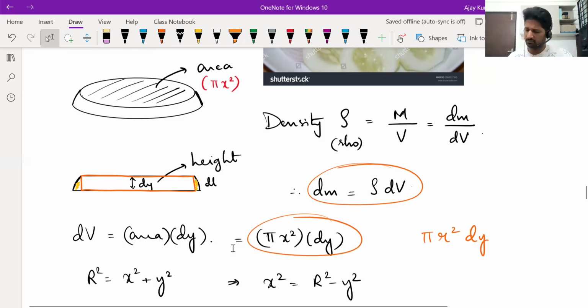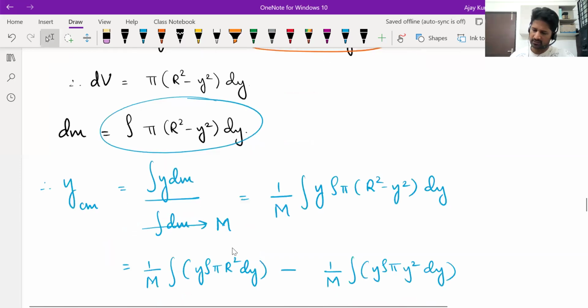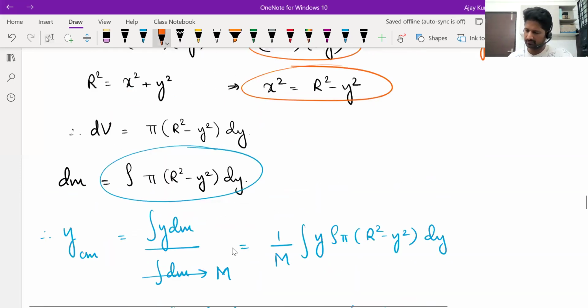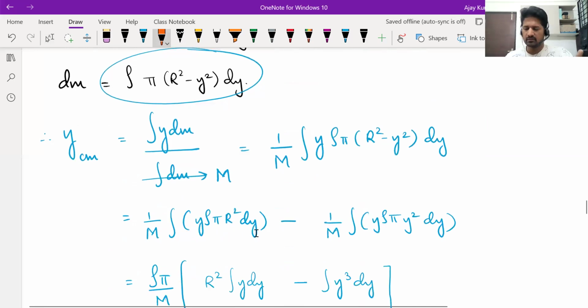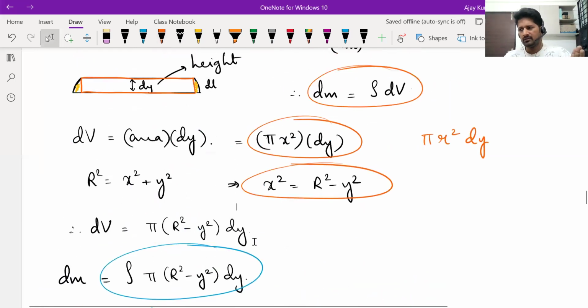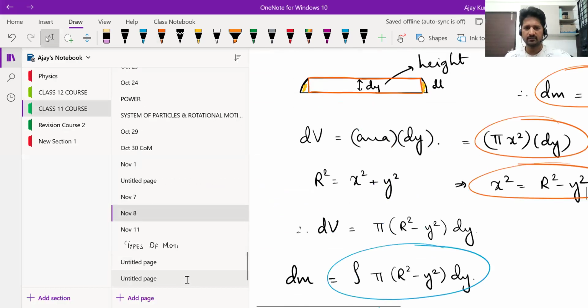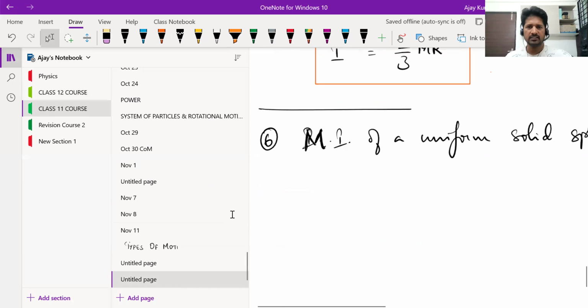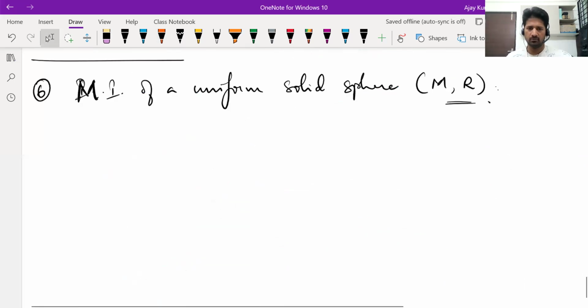It can be done, it's not impossible, like what we have done here. You can express dy in terms of dr if you want, but that will be very lengthy. Can you think of the solid sphere as a collection of anything else? Any other shaped elements whose moment of inertia we already know?